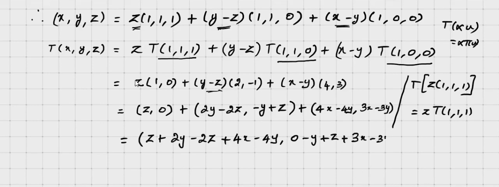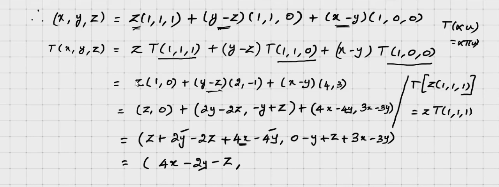Okay. So on simplifying, I will write in order. First x term, so 4x. Next y terms, so 2y minus 4y will give you minus 2y. Then z terms, so z minus 2z will be minus z. This is the first component.